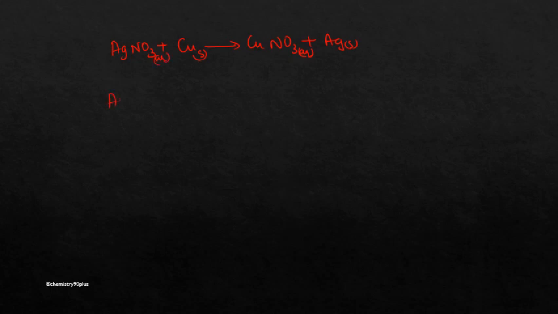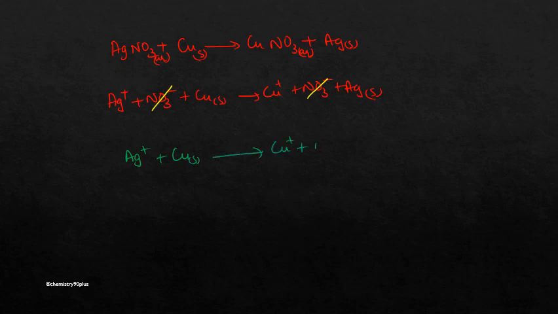So we will write the ionic equation Ag plus NO3 minus plus copper solid gives you Cu 2 plus NO3 minus, and we will have Ag solid, right? And then let us cancel the spectator ions and we will write our net ionic: Ag plus Cu solid gives you Cu plus Ag solid. Okay, that is the answer for your try.